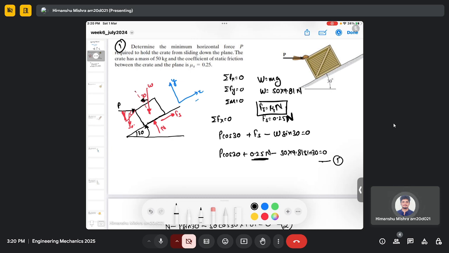So this n is due to this friction force, not this n, because this n is completely in the y direction. So the component of this n is 0 in the x direction. So this n is coming due to this friction force, not a component of this n. The direction of Fs is completely in the x direction, and this is the summation of force in the x direction.